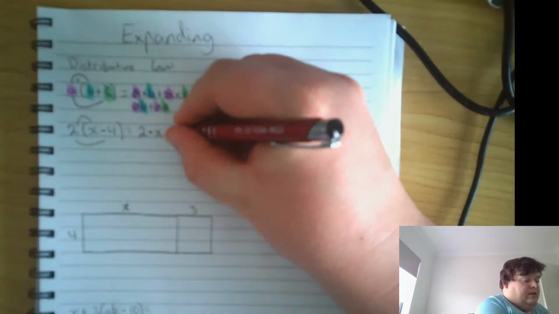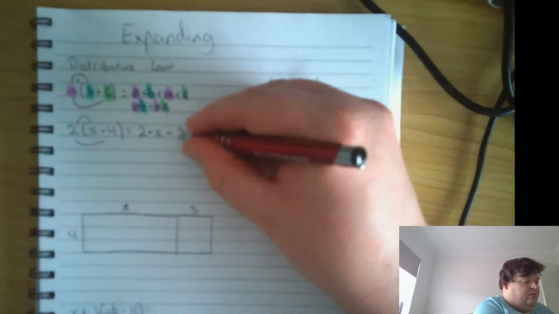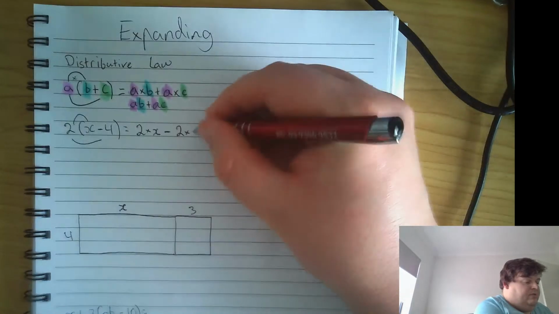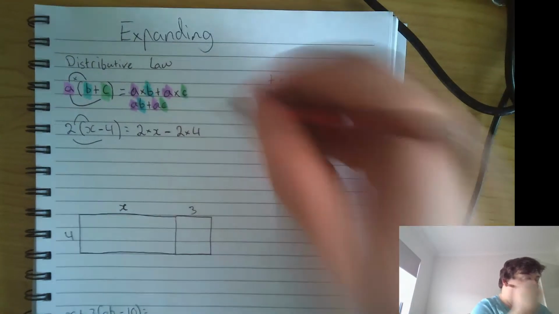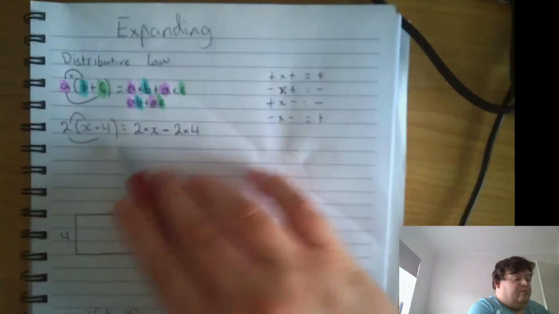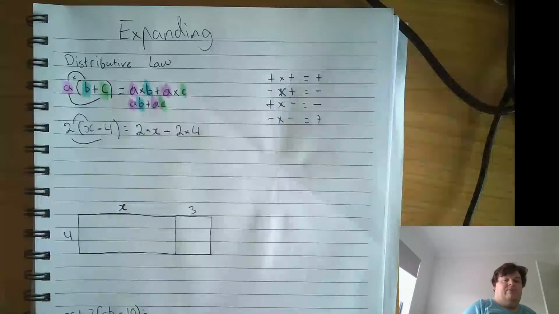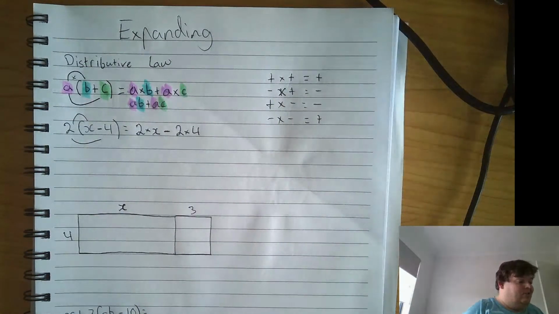I'm going to leave that value in the middle there, and I'm going to have 2 times 4. Now if you were going to take the minus because it's a minus 4, you could do that, but then this value here would have to be a plus. So we're not going to muck around with that too much, otherwise it's going to get a little bit confusing.